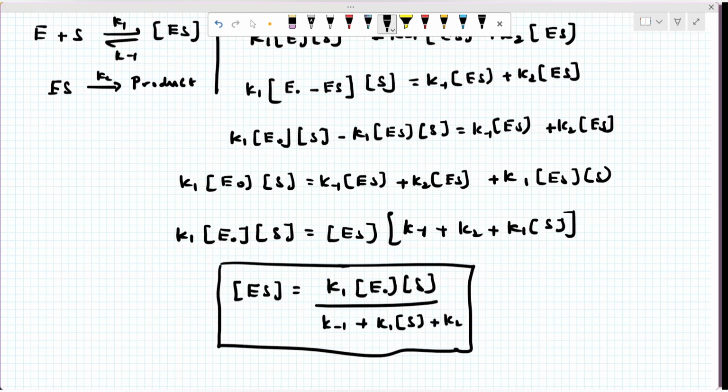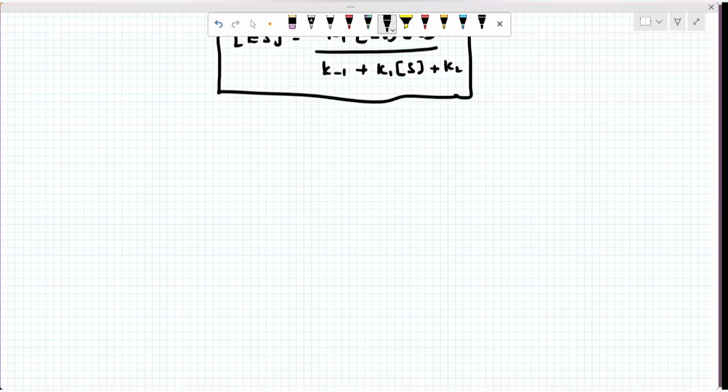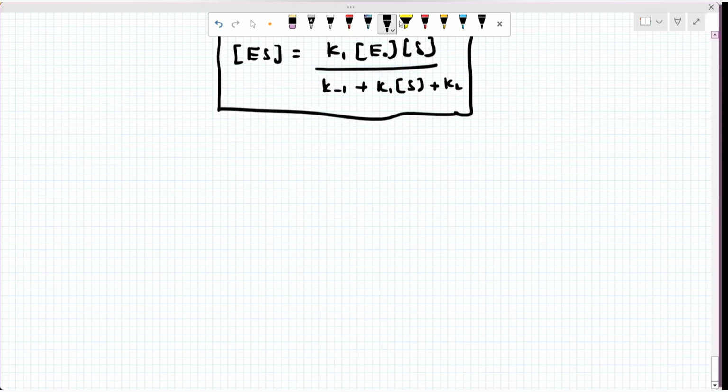Now I'm going to apply this concentration to the rate law. What is the rate law? We already wrote it: rate is equal to K2 into ES. Substitute ES.